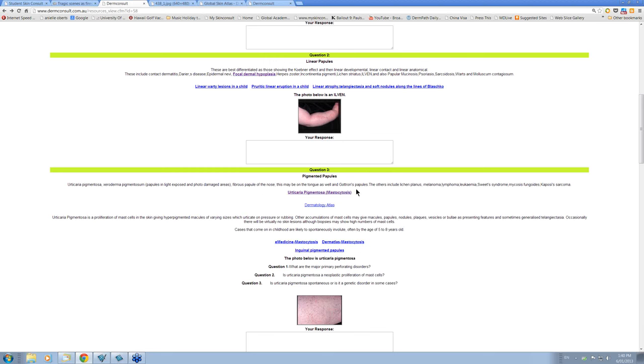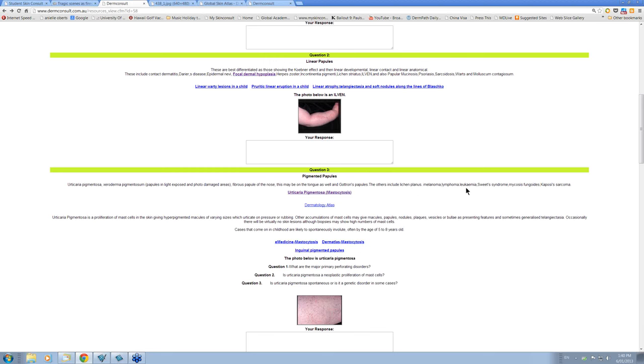Gottron's papules in the back of the hand, over the MP joints in dermatomyositis. They're purplish, much the same sort of violaceous hue as you get around the face in dermatomyositis. Lichen planus, sure, again violaceous, but usually the papules are going to be in the anterior aspect of the hand or the wrist, and they sometimes join up as plaques.